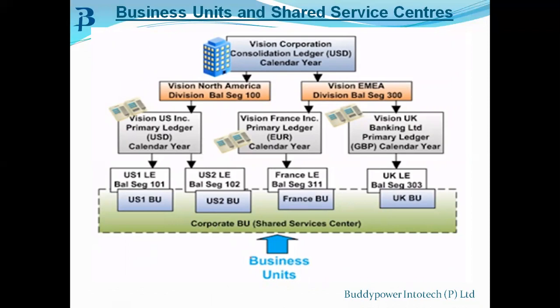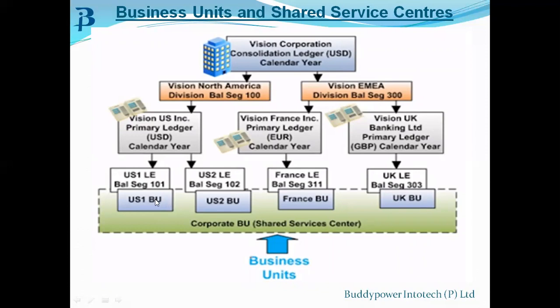In Oracle EBS, E-Business Suite, business units were called operating units, and those operating units were assumed to perform all the business functions. In Oracle PeopleSoft, which is another ERP bought by Oracle, each business unit had one specific business function. Suppose it is taking care of payables, it will do only payables, not any other business function.